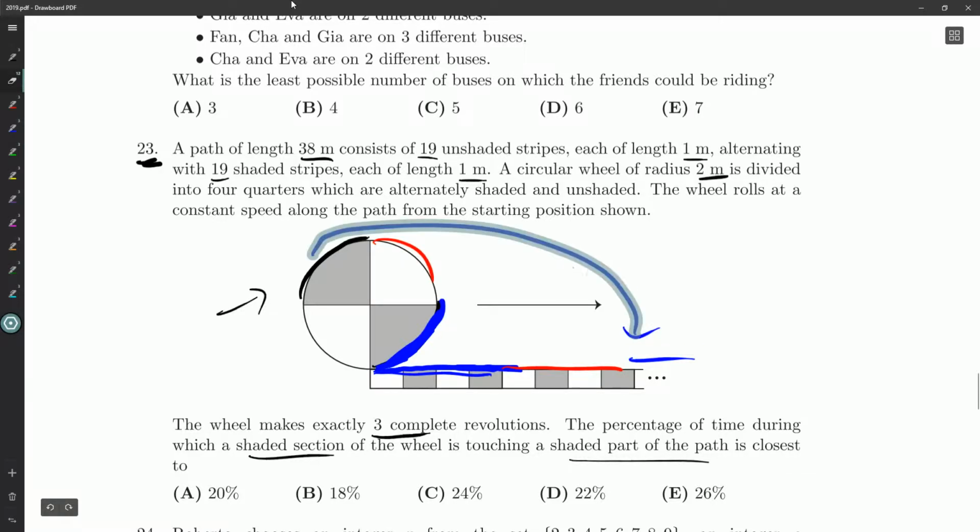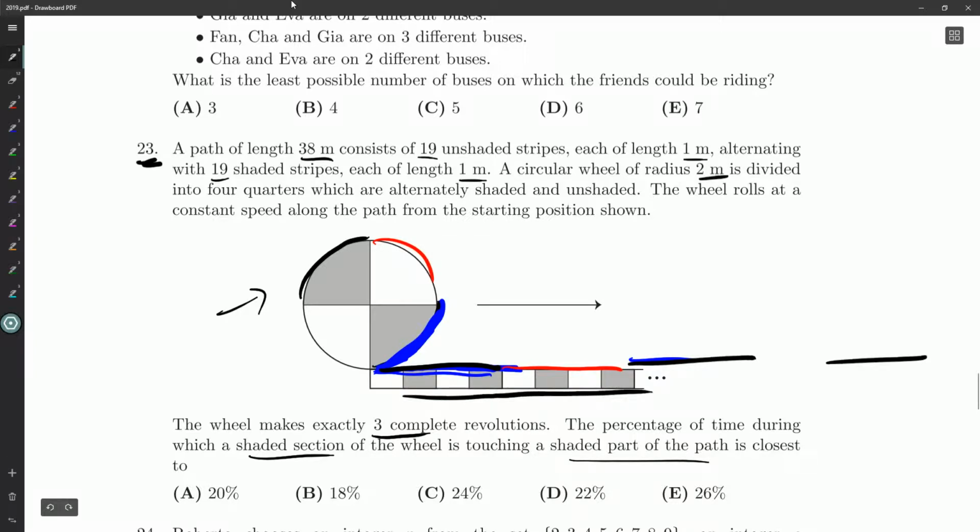So basically, the wheel is creating its own shaded, unshaded, shaded, unshaded path, just like the path here, and we just want to see how much is overlapping. And to figure out the percentage, we're going to need to know how far it goes with 3 complete revolutions. So let's understand the wheel a little bit better.